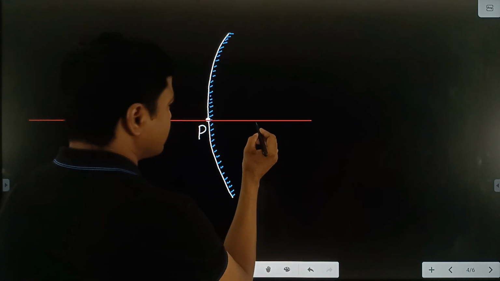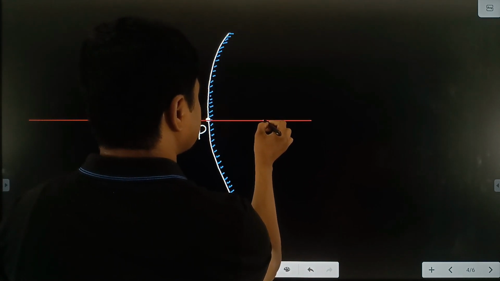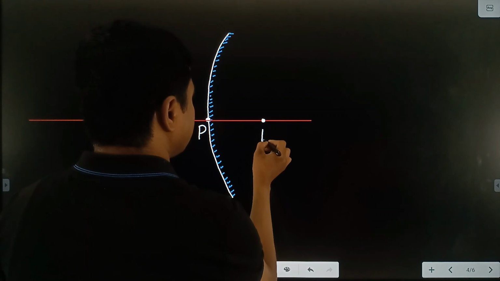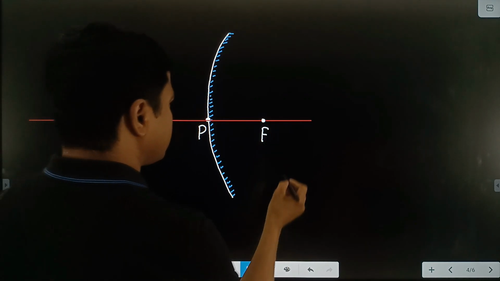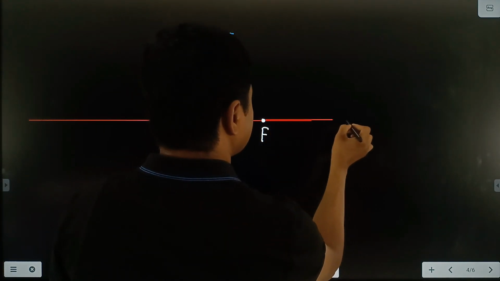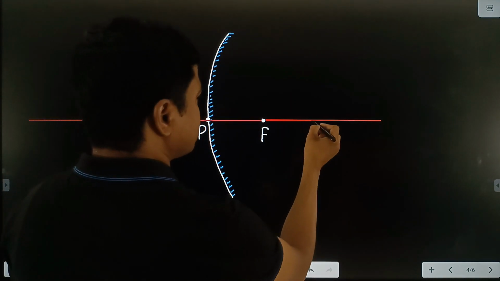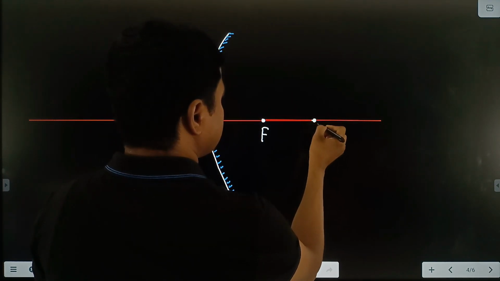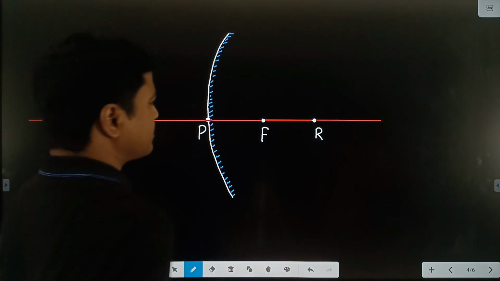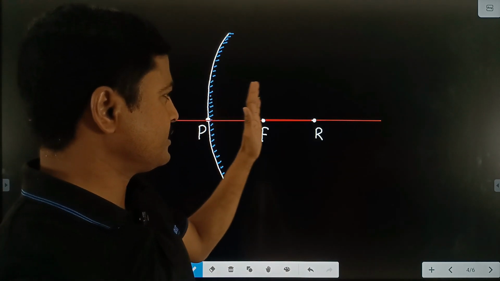Suppose this point is the focus of the convex mirror, and this point is the center of curvature of the convex mirror, situated on this side.